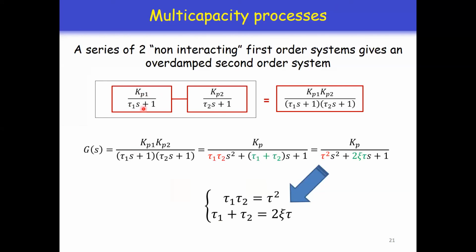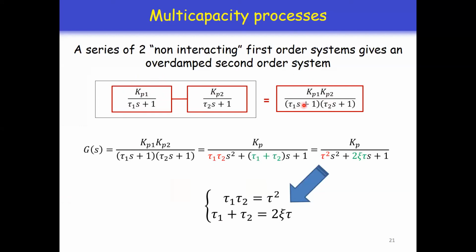So consider the drawing that I have here, the two first-order systems in series. Is this interacting or non-interacting? Non-interacting. There is no recycle. So the overall transfer function, as you remember, is given by the product of the two transfer functions.